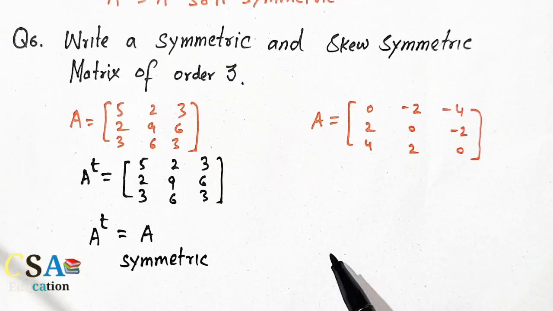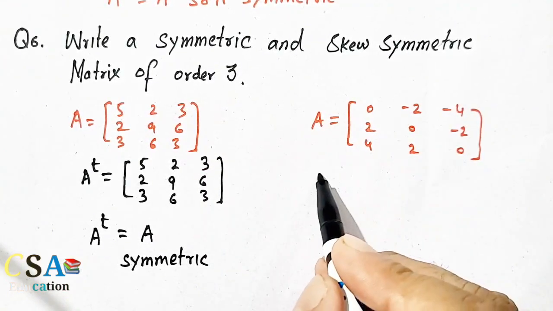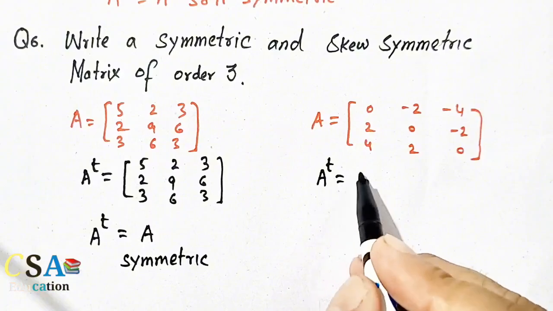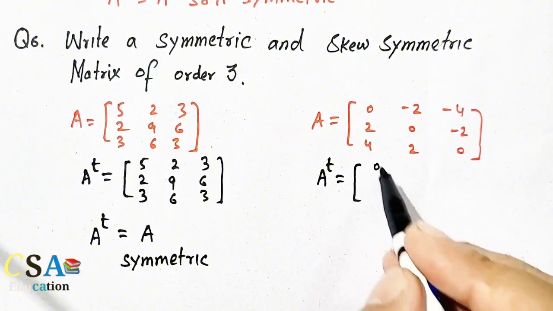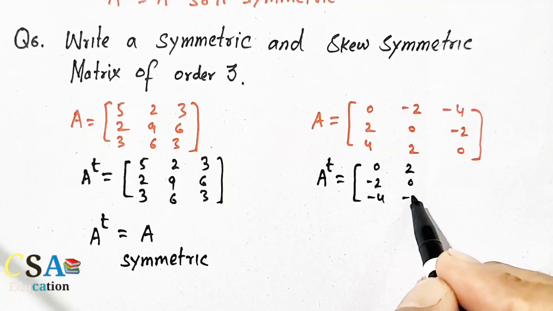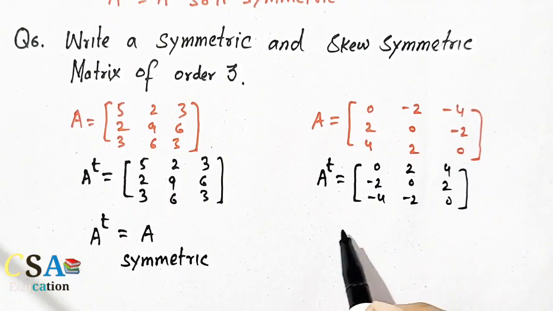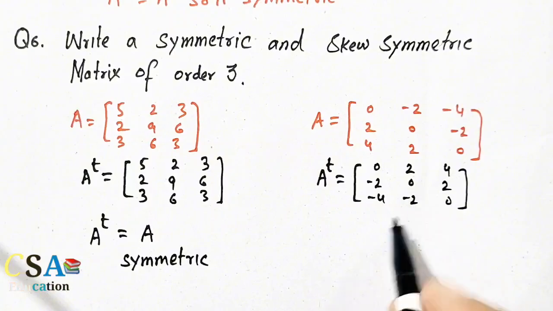Now move toward skew symmetric of order 3. We have to take its transpose, so it will be 0, minus 2, minus 4, 2, 0, minus 2, and 4, 2, 0. We have to take minus as common.